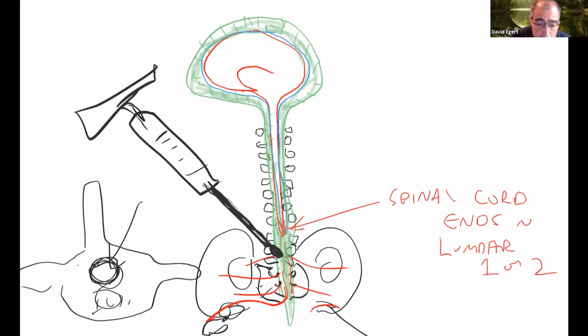And as long as you're below lumbar 1 or 2, you're not going to actually be in danger of damaging the spinal cord because you're below the spinal cord and the little nerves are thin and floppy. They'll just get out of the way. So you can actually stick this into the subarachnoid space and suck out a little bit of cerebrospinal fluid for analysis. That is what's called a lumbar puncture.